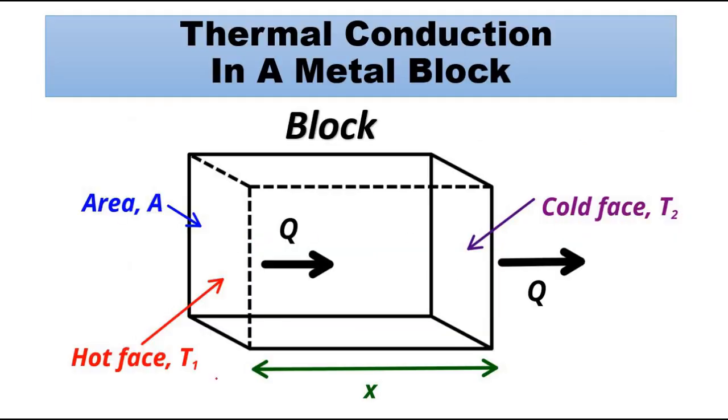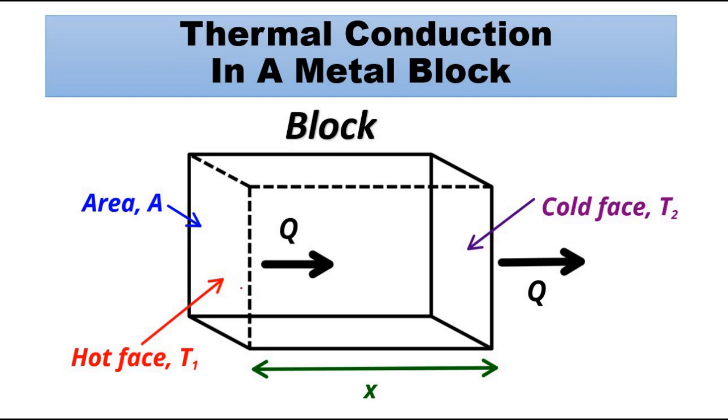Let's say we have a metallic block in the shape of a cube. There are two faces. This face, which is at a higher temperature, we are calling the hot face, which is at a temperature T1. And another face which is at a distance x away from this hot face, which we call the cold face. Cold face means it is at a lower temperature than T1, that is T1 is greater than T2.